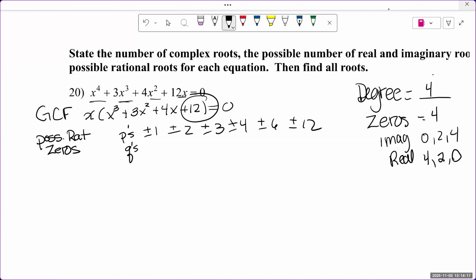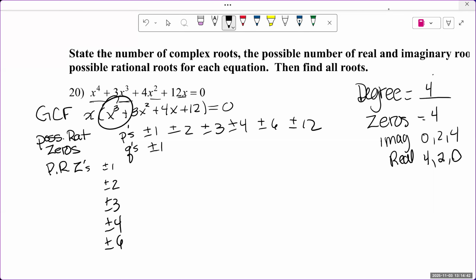Those aren't as fun. And the q's are the factors of the leading term, plus or minus 1. So the possible rational zeros are plus or minus 1, 2, 3, 4, 6, 12, because I took them all, made fractions, and divided by 1.